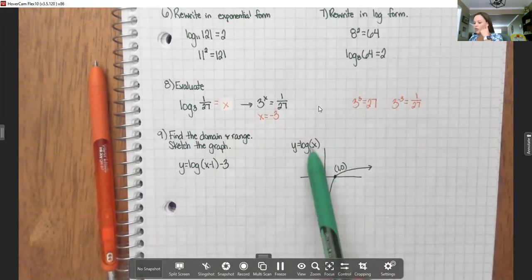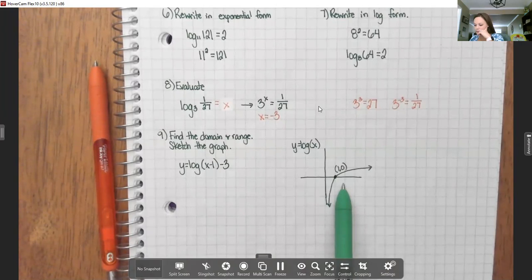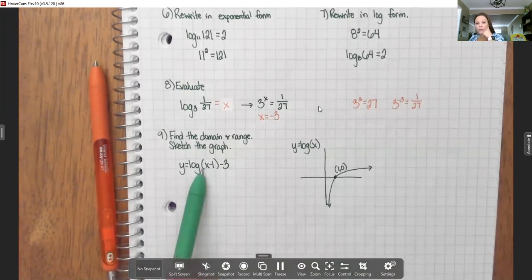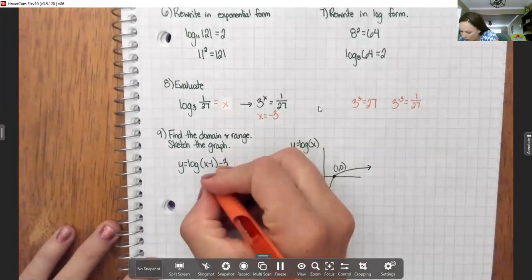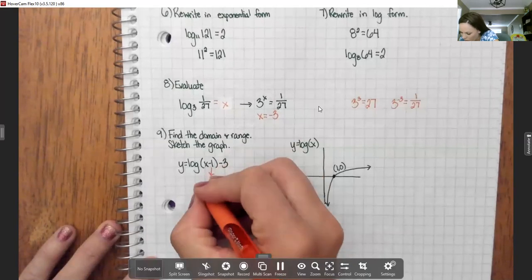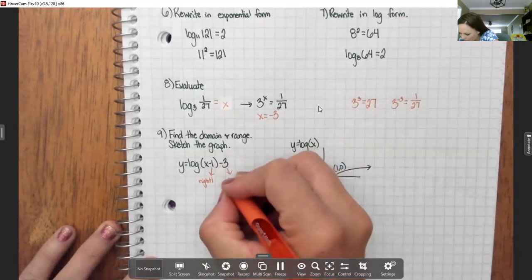So we should know that a regular log graph goes through the point 1, 0, because a regular exponential graph without any shifts goes through 0, 1, and they're inverses. So how does that help us here? Well, we know that this makes it go right 1, and this makes it go down 3.